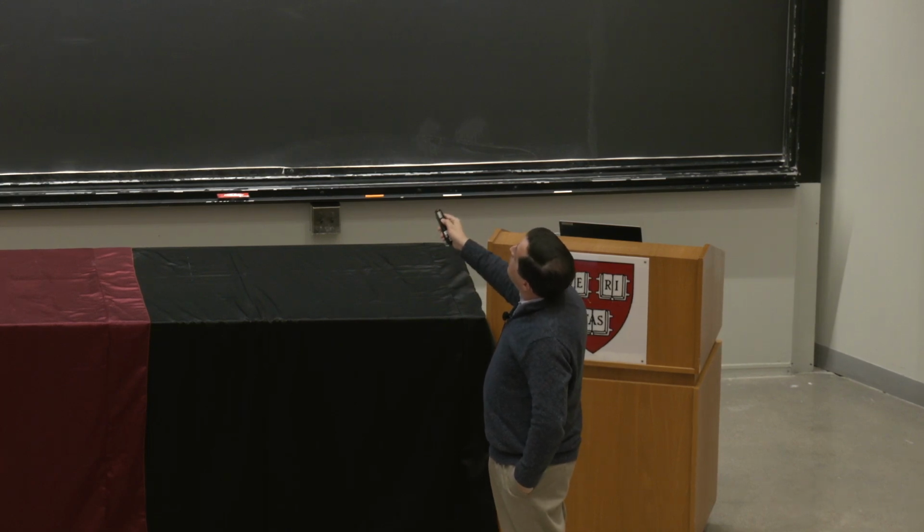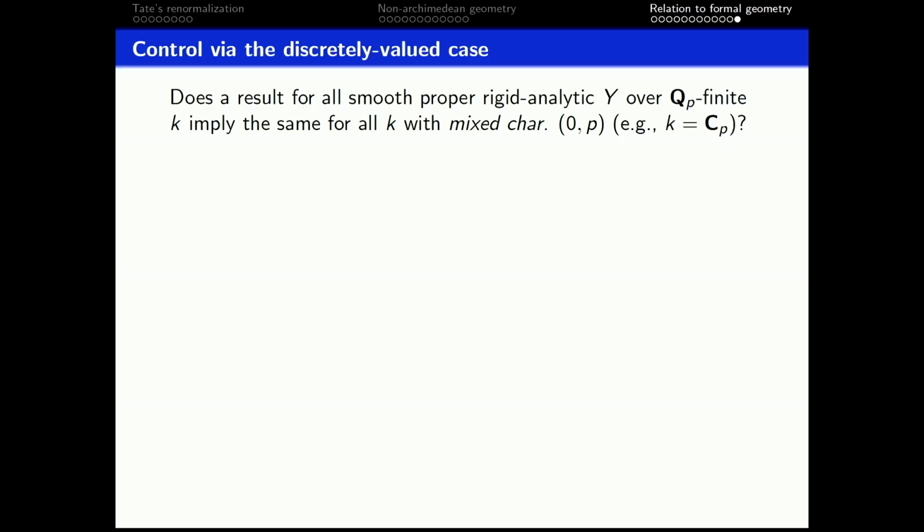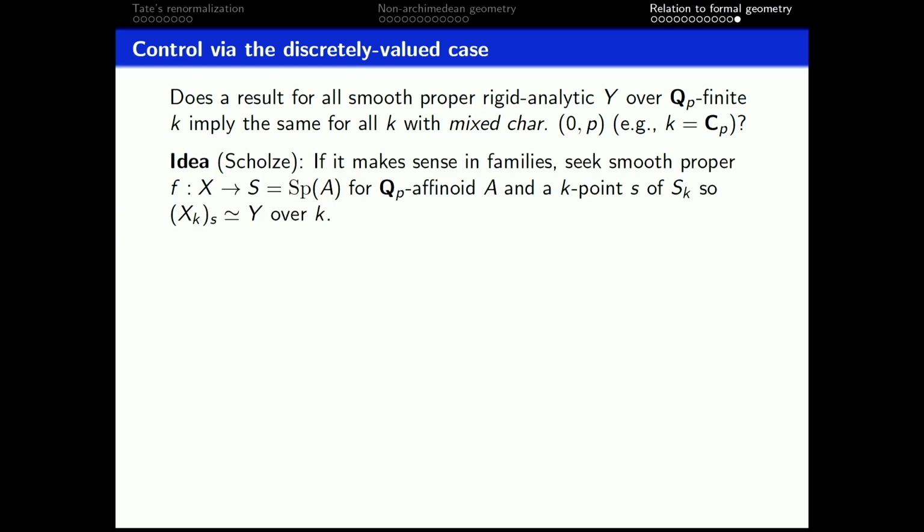If I give you a smooth proper analytic space, suppose you know a result when you're over local fields. And then you can ask, is that enough to infer things in the general case, such as over C_p? So this was a suggestion that Scholze made, which is the following.